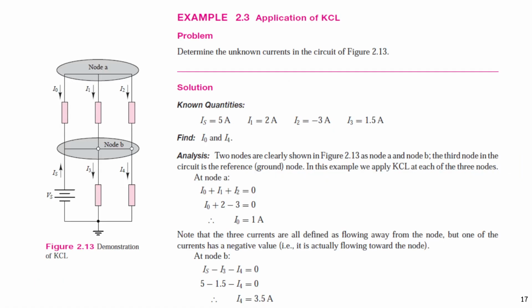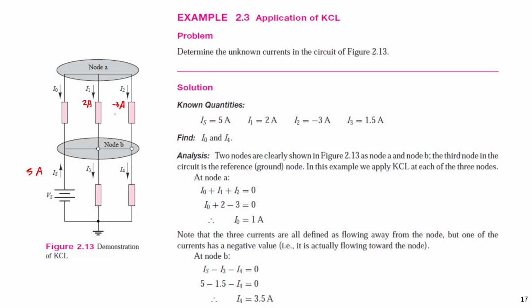Okay. Let's try to use this theory. So if we have this circuit, if we know some quantities, if we know Is is 5 amp, and I1 is 2 amp, and then I2 is minus 3 amp.